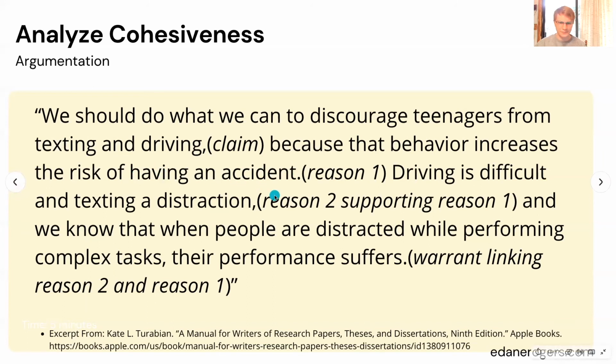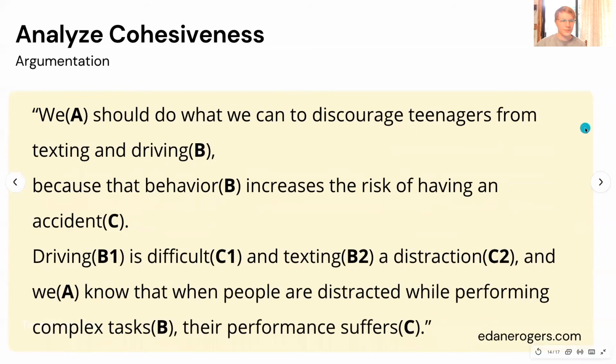There's the C. Driving is difficult and texting is a distraction. And we know that when people are distracted while performing complex tasks, their performance suffers. So here, we, A, should do what we can to discourage teenagers from texting and driving, B, because that behavior, B, increases the risk of having an accident, C.